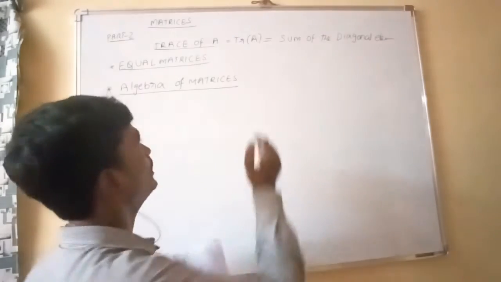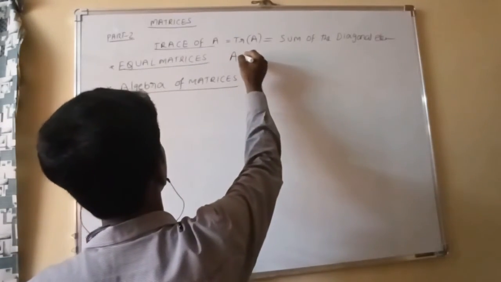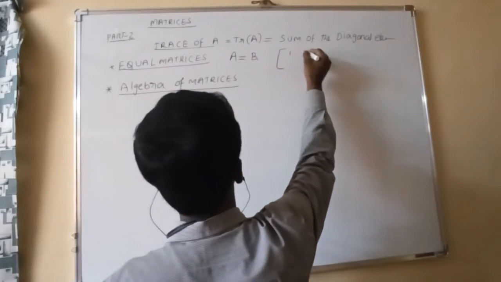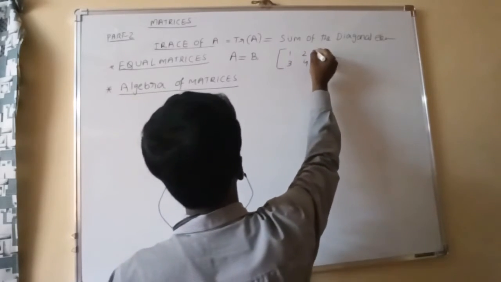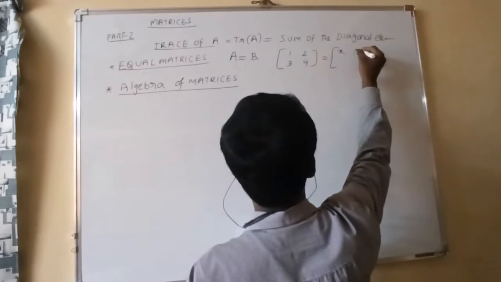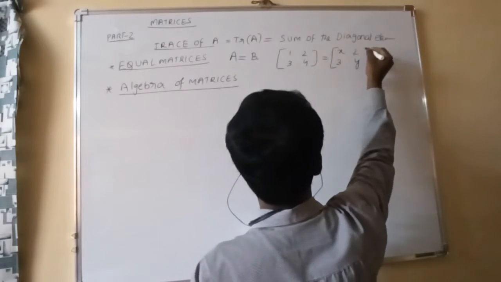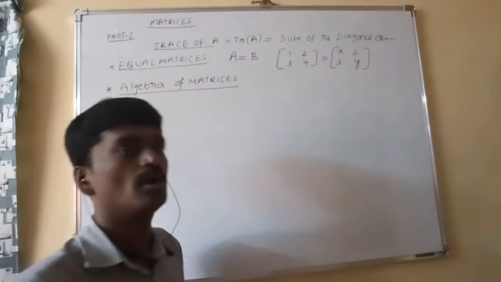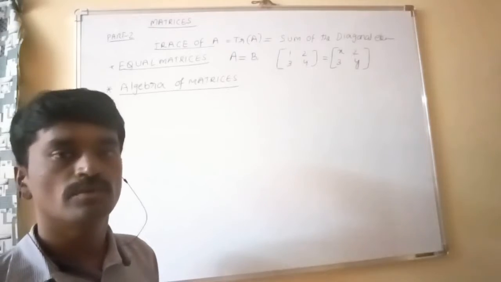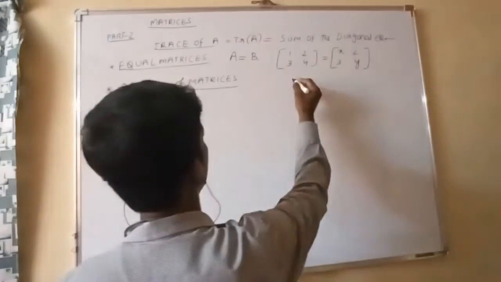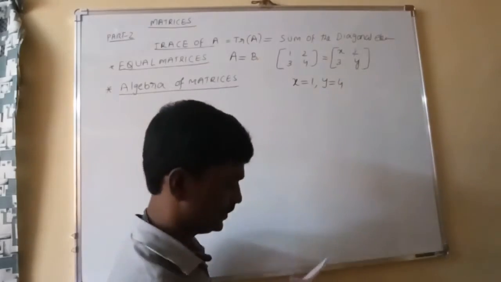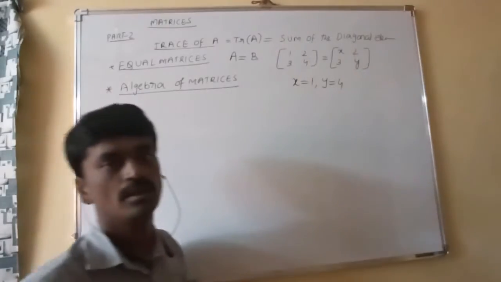If A and B are equal matrices, it is denoted by A equals B. For example, the matrix 1, 2, 3, 4 is equal to the matrix x, 1, 2, 3, y. Then what will be the x value and what will be the y value? x must be equal to 1 and y must be equal to 4. That is, corresponding elements must be equal.